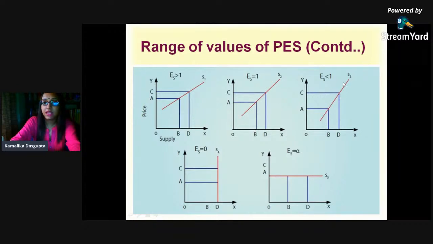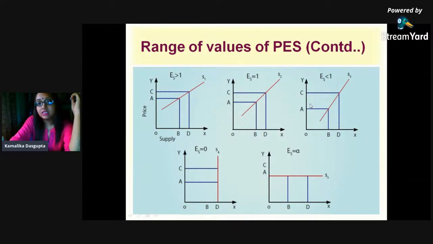The distance of BD is less than the distance of CA, which means that it is relatively inelastic.